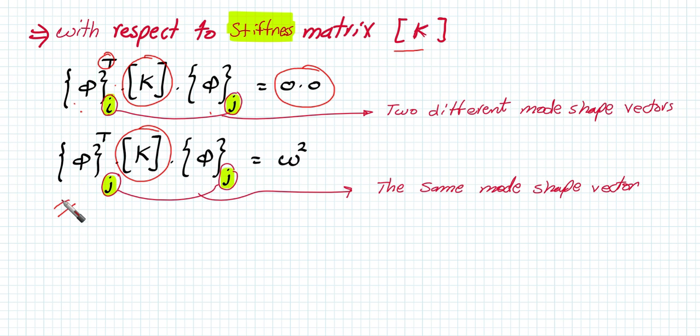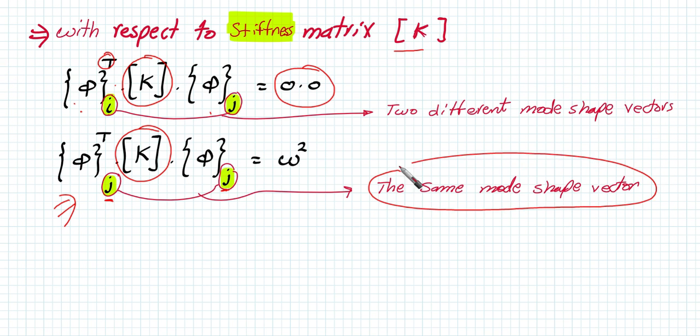In the second case, if we have phi transpose j and j, they are the same mode shape vector. The output is going to be omega squared, and you can prove this. By default it yields omega squared, not 1. In the case of the mass matrix it was 1, but here it is omega squared.